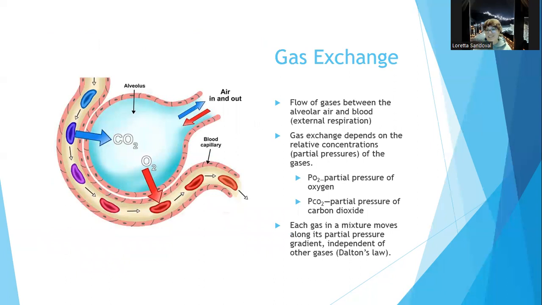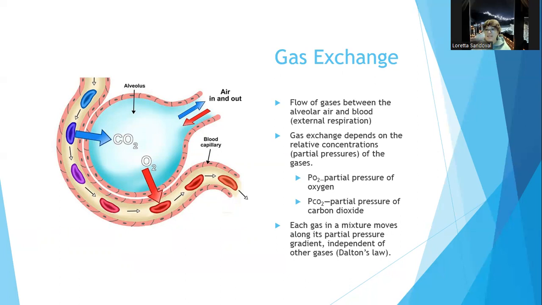So gas exchange is the flow of gases between the alveolar air and the blood. So that's important, right? Because it has to get to the blood to get out to the cells. So here comes this great little capillary with carbon dioxide, drops the carbon dioxide in the alveoli, takes up oxygen and moves along its merry little way.